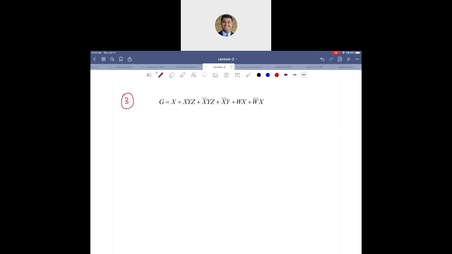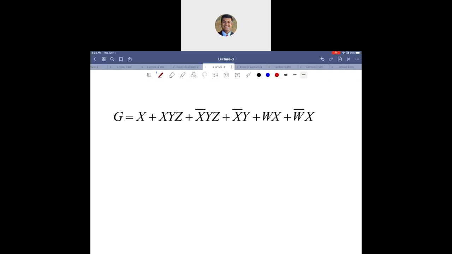So if I observe this, also note that there might be multiple ways to simplify a Boolean expression. There is no hard and fast rule saying that only one way has to be followed. As long as you follow the Boolean algebra properties and get to the correct logical answer, no matter which set of steps you follow, it is okay. Meaning, you don't have to use the properties only in one way. There are many ways to do it.